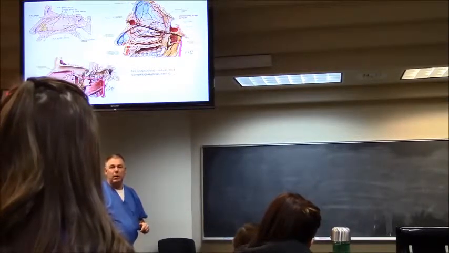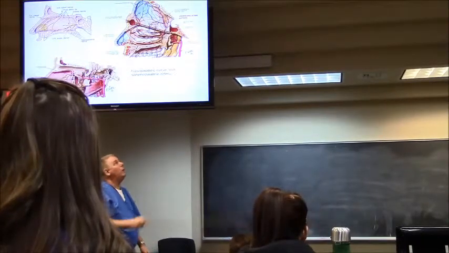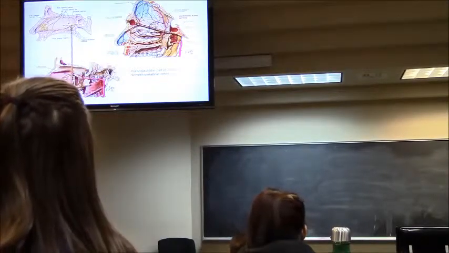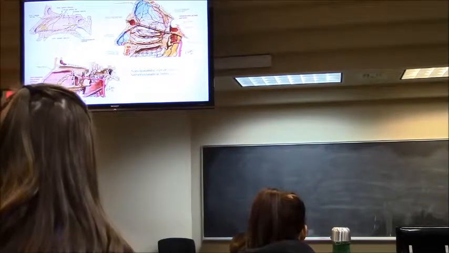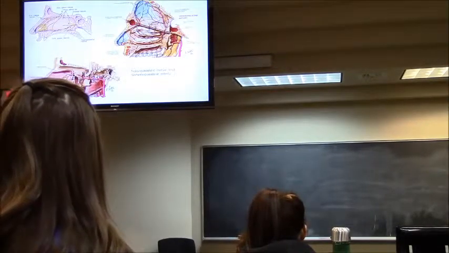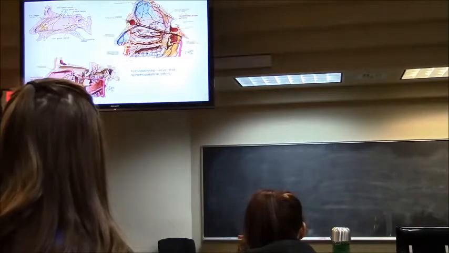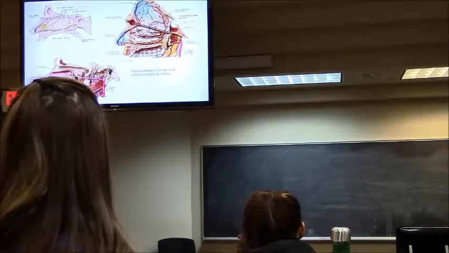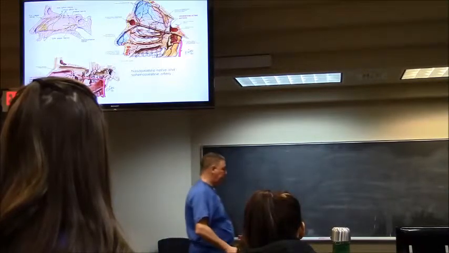V2 branches also go through that hole over here. The nerve is called the nasopalatine nerve. So it's the sphenopalatine artery that supplies the nasal cavity, and the nasopalatine nerve. And once they get into the nasal cavity, they branch all over the place.